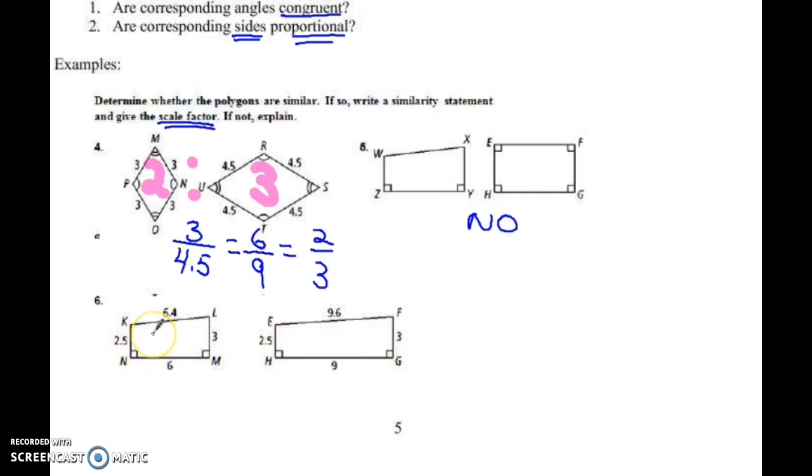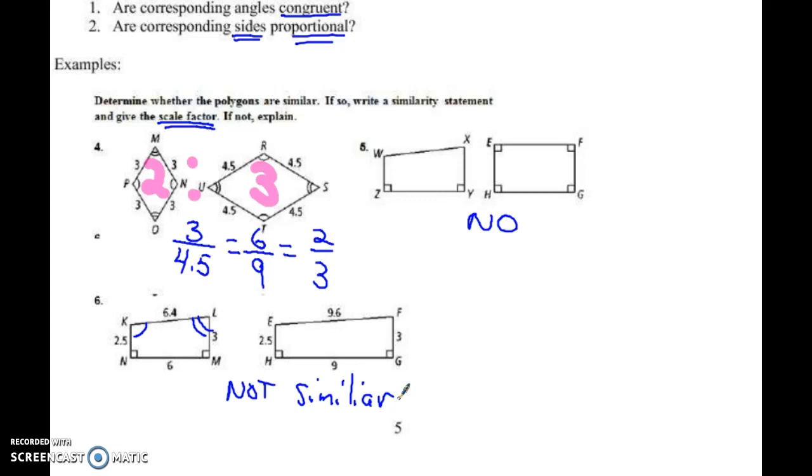We have no idea what that angle there is or that angle. So right away, I can immediately say not similar. I'm not even going to bother to check the sides.